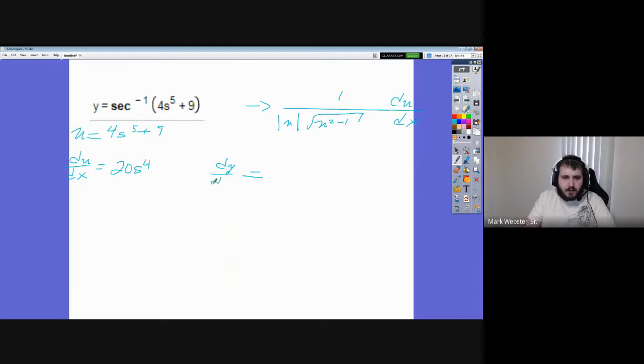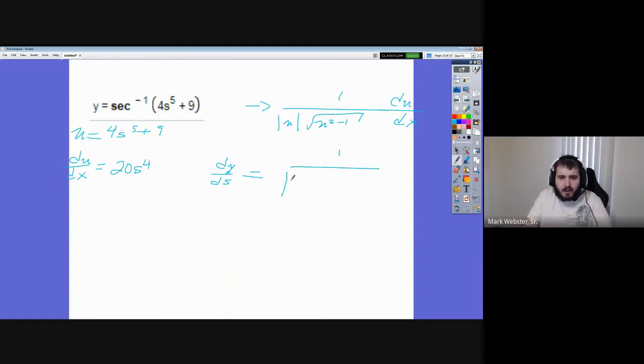dy ds is going to be 1 over the absolute value of 4s to the 5th. Oof, this looks really bad. Let me make it bigger so that my handwriting isn't.